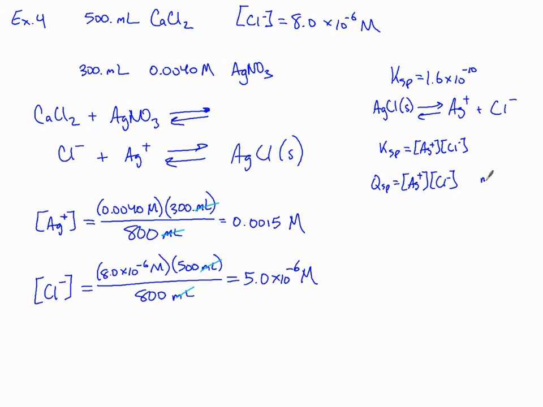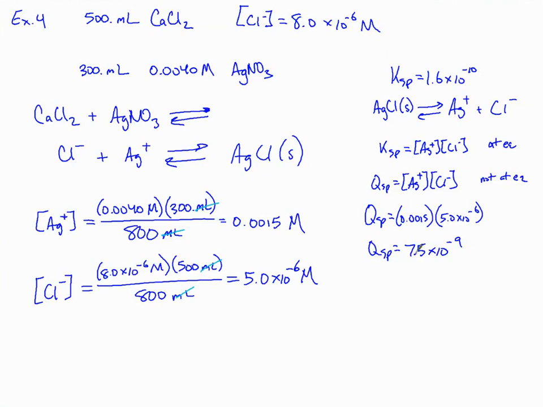The only thing is we are not at equilibrium, and here we are at equilibrium. And so all we have to do is plug in these non-equilibrium numbers to find Q. 0.0015 molar. Actually, we'll leave off the units because Q will not have units. Neither does K. And 5 times 10 to the minus 6th. So we see that Q equals 7.5 times 10 to the negative 9.